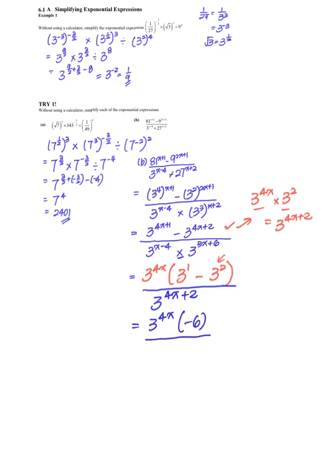Then over 3 to the power 4x times 3 to the power 2. Split it up. Why do I want to split it up? Because I want to cancel out the 3 to the power 4x. See, it is done. So your final answer here would be negative 6 over 9, which is negative 2/3.